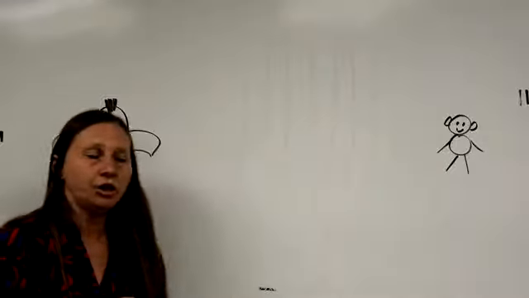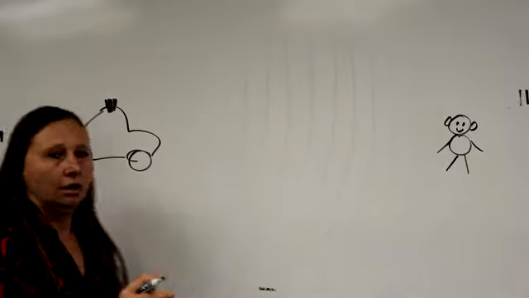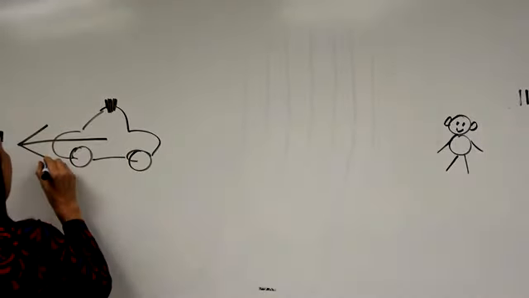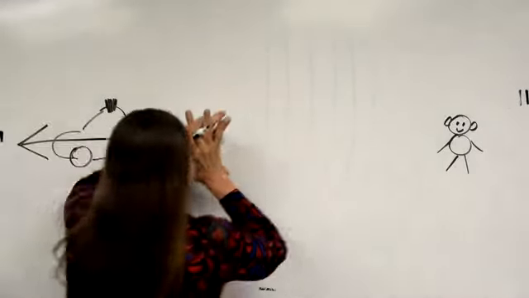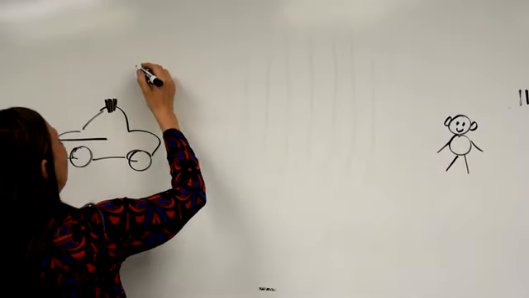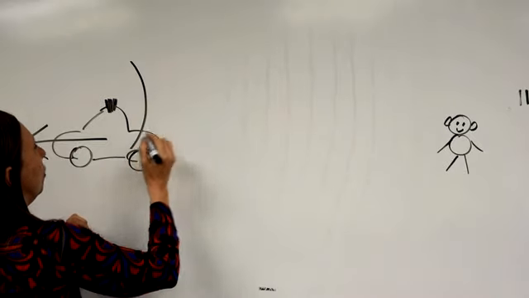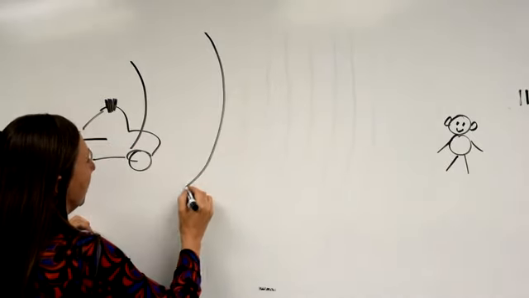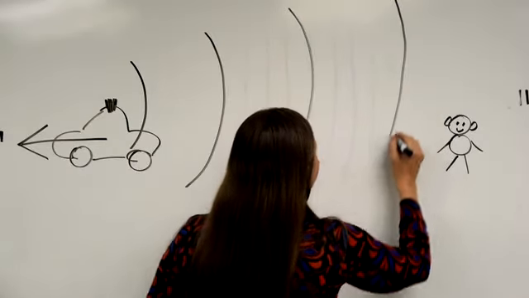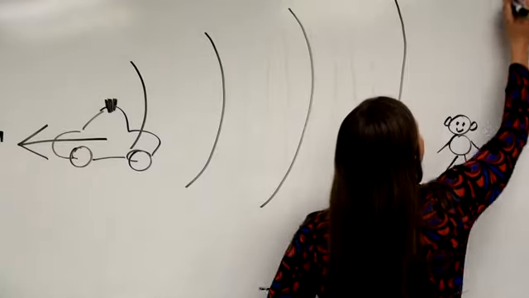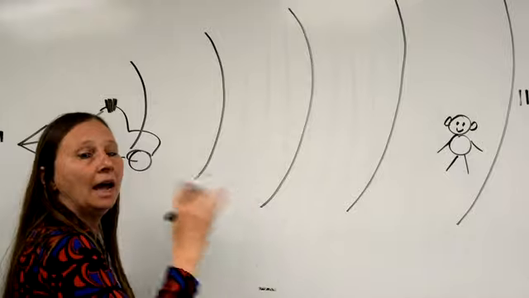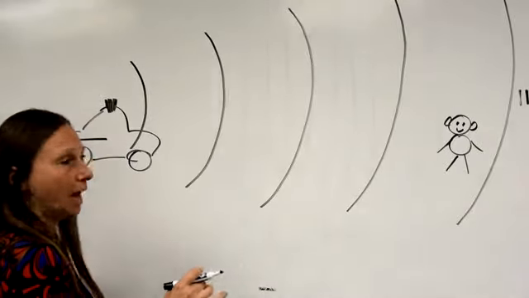The siren hasn't changed, it's still woo, but because the police car is driving away from the person, it's spreading out the sound waves. It's going to look more like this. Here are your wavefronts. They're more spread out, so the person is going to hear a lower pitch, ooh, a lower sounding sound.